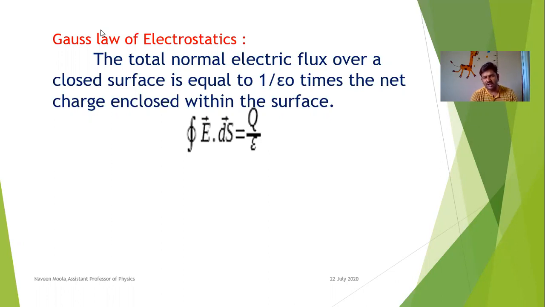This is the major issue in calculating electric field, because Coulomb's law is only for point charges, and if the point charges are more also, it is very complicated because we need to use vector addition law for number of point charges and the electric field by each charge. So for such situations, Gauss law of electrostatics is very much useful. We will see some of the applications of Gauss law in this video lecture.